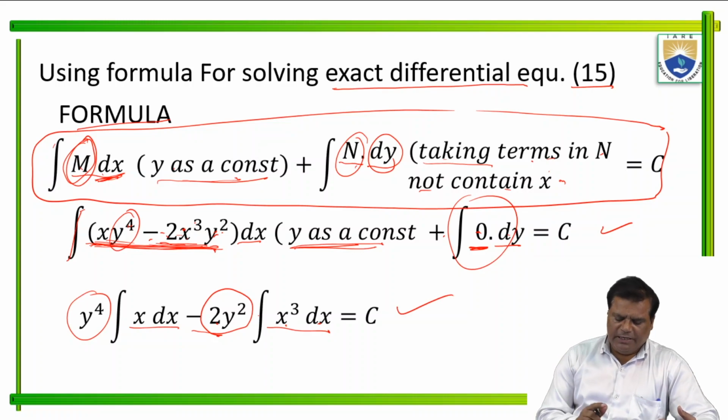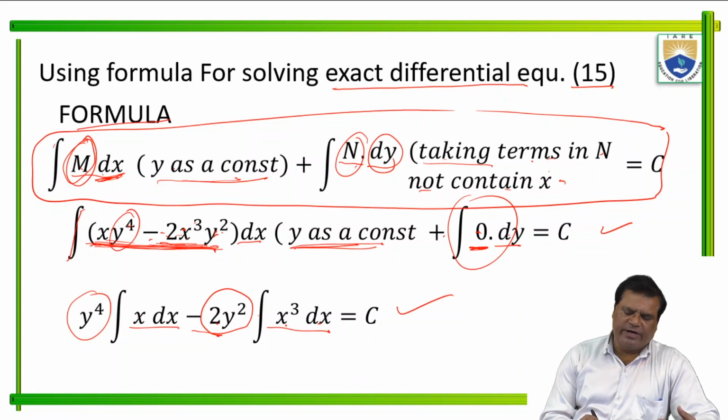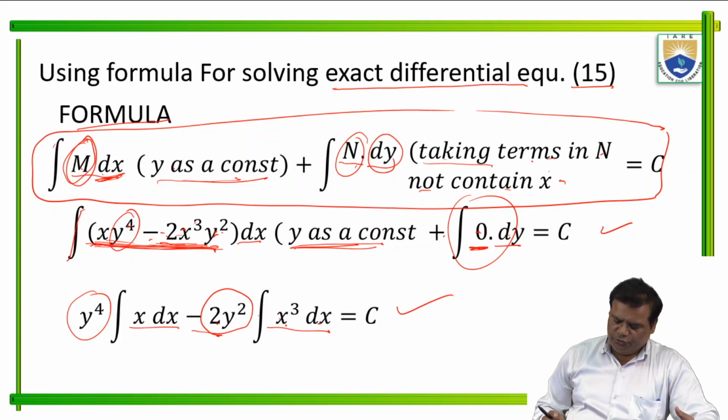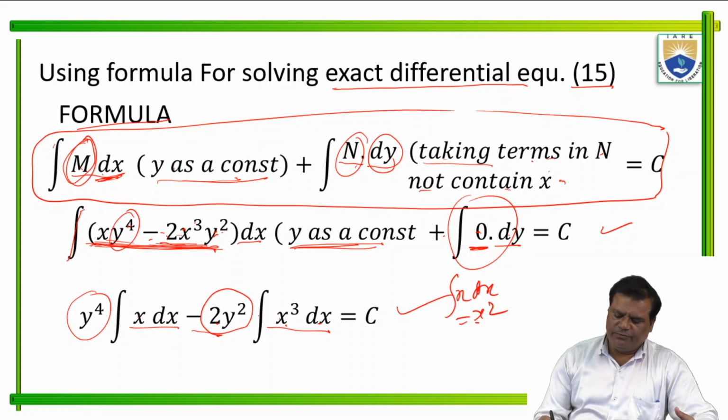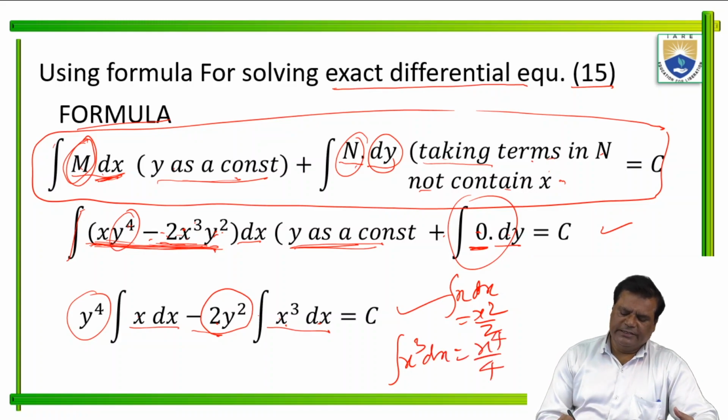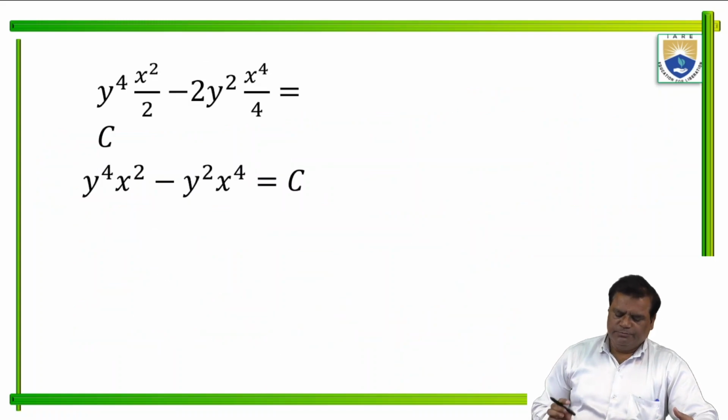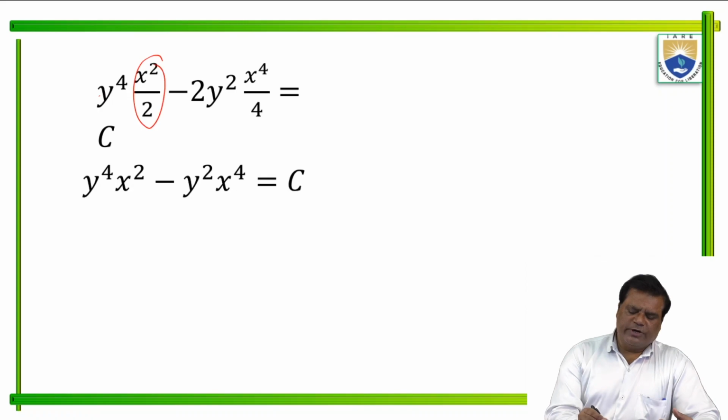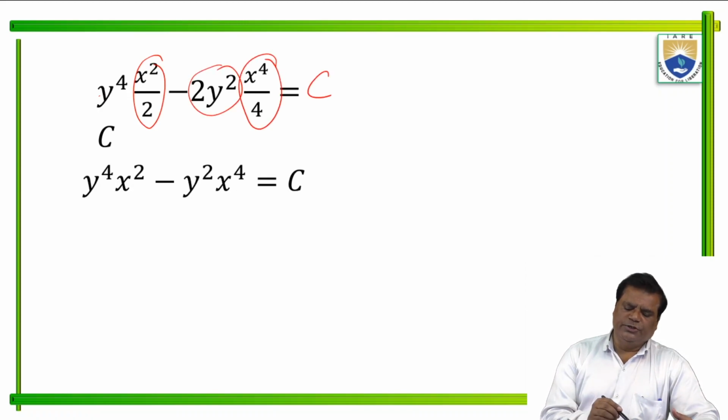The integral of x dx is x squared by 2, and the integral of x cubed dx is x to the power 4 by 4. So y to the power 4 times x squared by 2 minus 2y squared times x to the power 4 by 4 equals C.